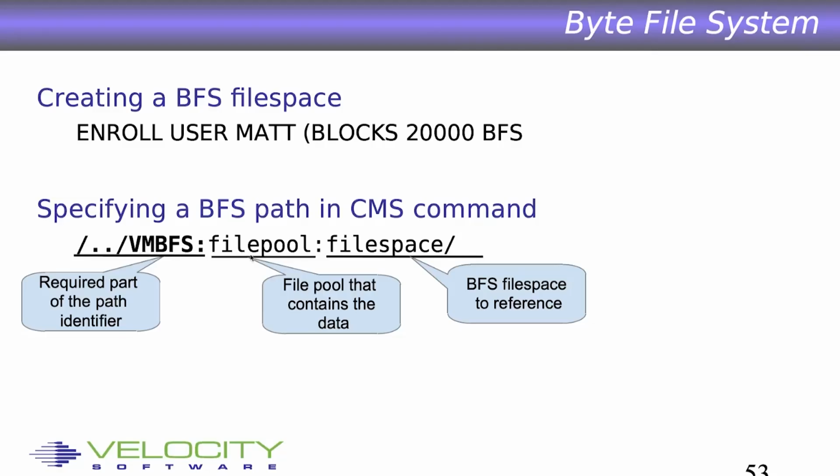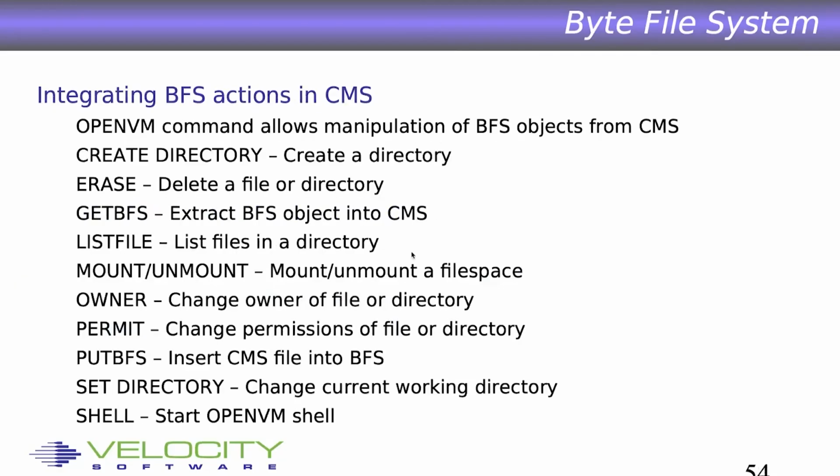And you provide the file pool name and the name of the file space. In the case above, the file space would be MAT. It references the MAT file space in BFS.